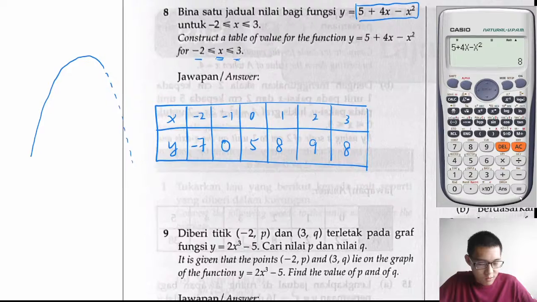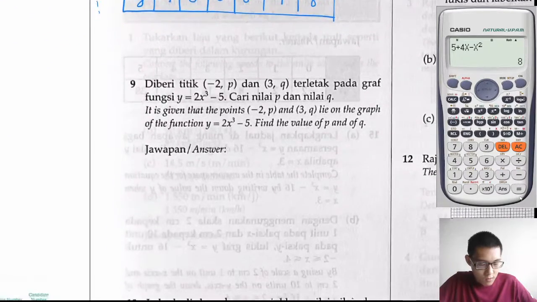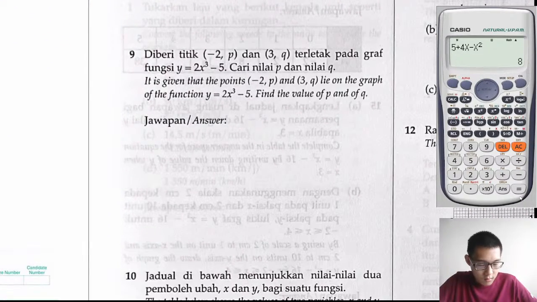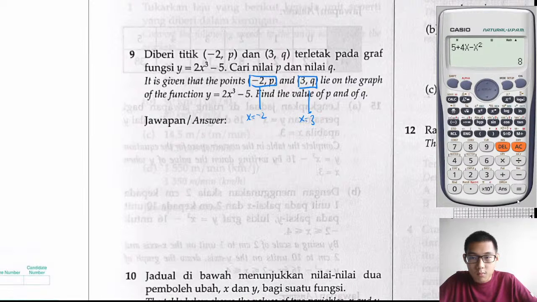Given function with a point 2 equal to -2p and 3q lie on a graph function. So find the value of p and q. Here we have when x equal to -2, when x equal to 3. So what's the p and q?